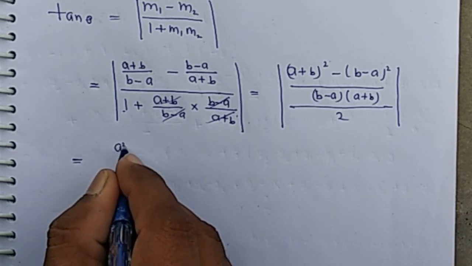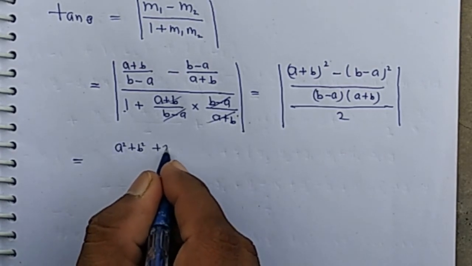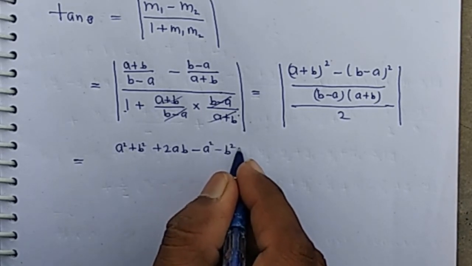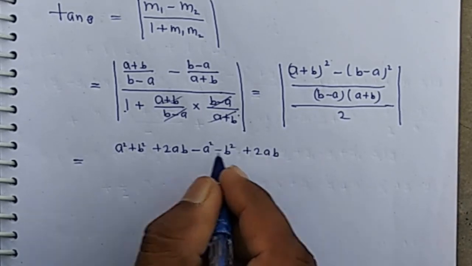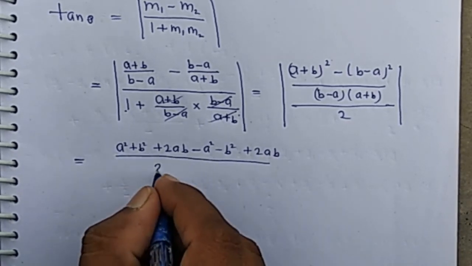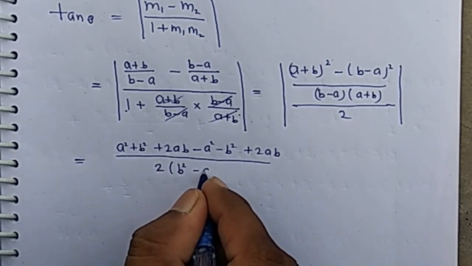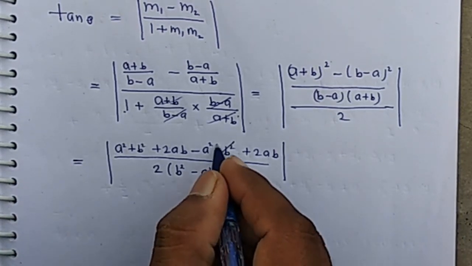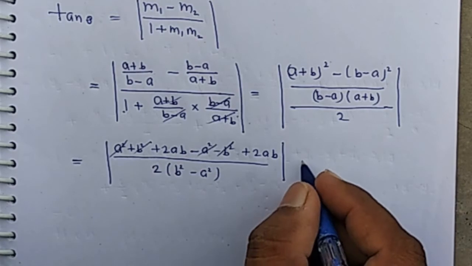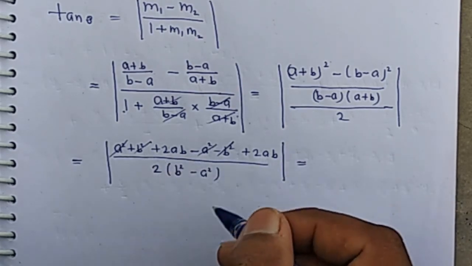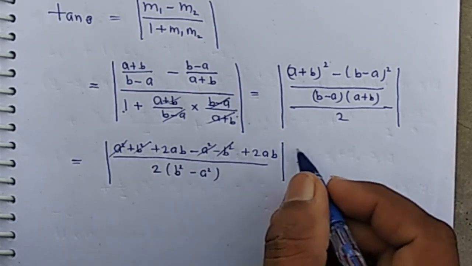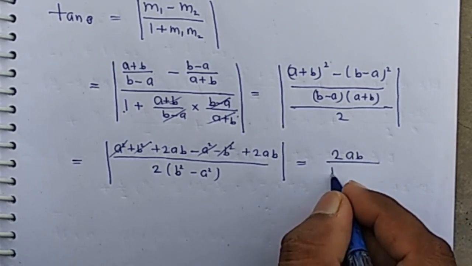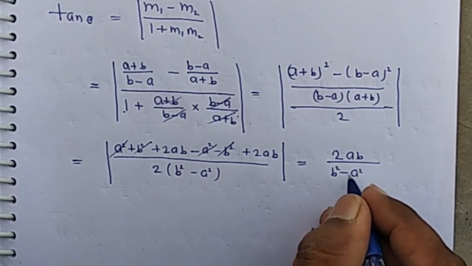Now we have a square plus b square plus 2ab minus a square minus b square plus 2ab, by twice (b square minus a square), and it is 4ab by 2. That means 2ab by (b square minus a square).